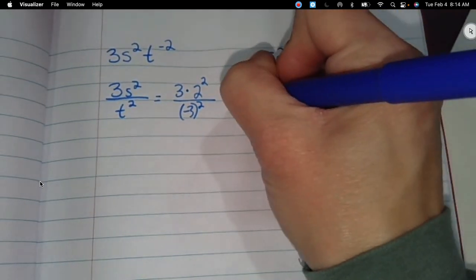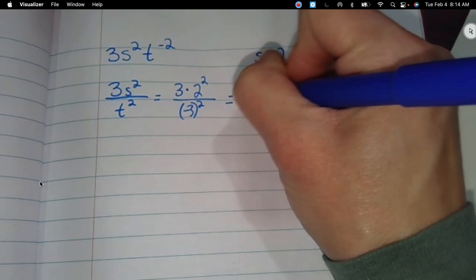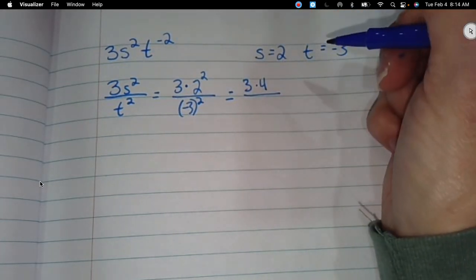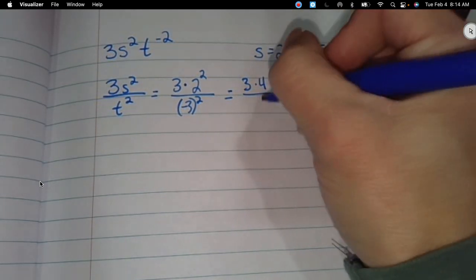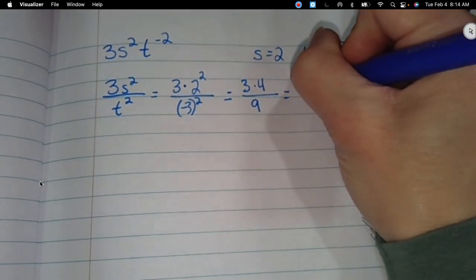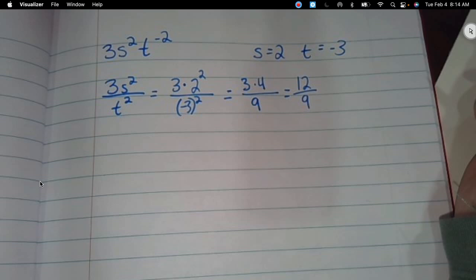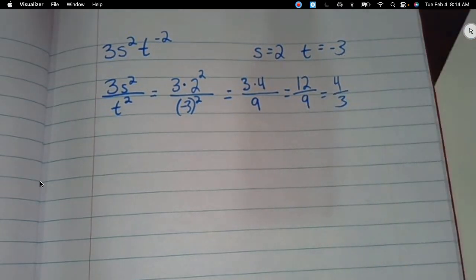All right, so up here, like y'all said, I'm going to get 3 times 4. And what's negative 3 squared? Be careful. What's negative 3 times negative 3? 9. And it is a positive 9. That's what matters. Okay? So I get 12 over 9, which you could reduce in your calculator, and you get 4/3.